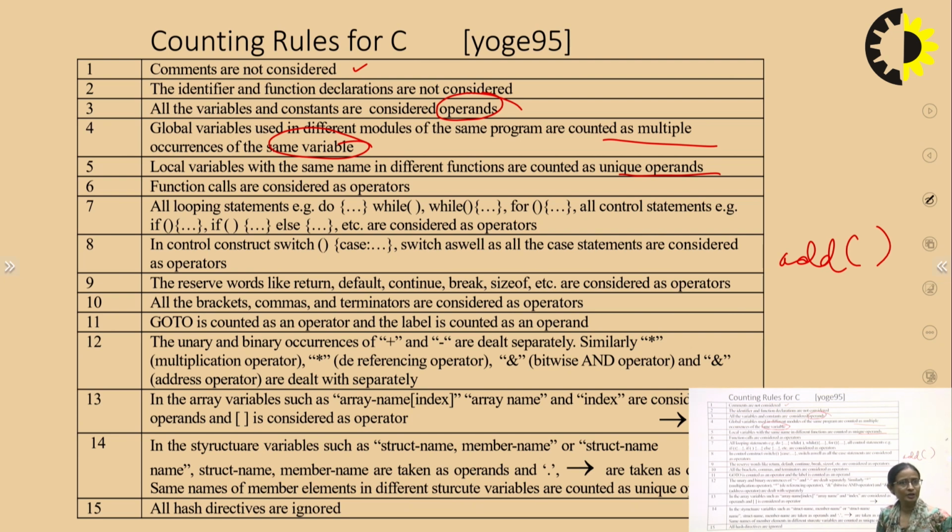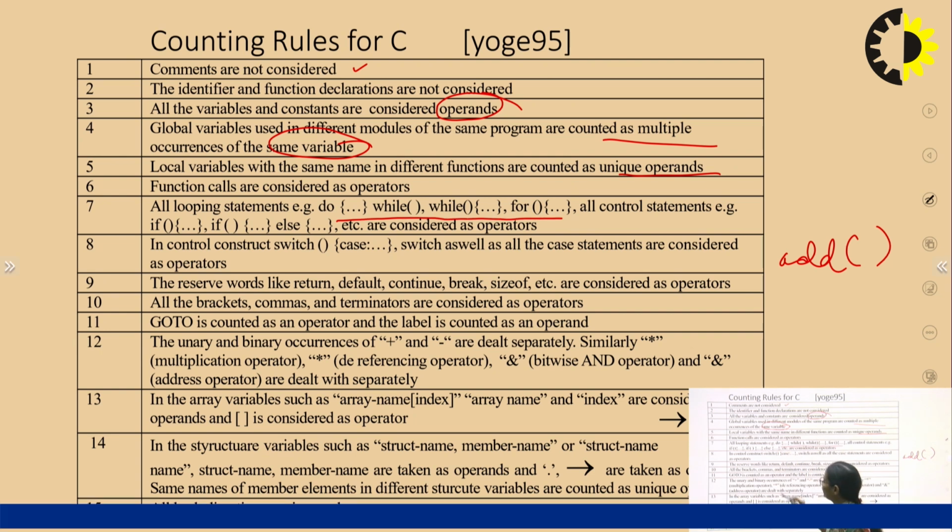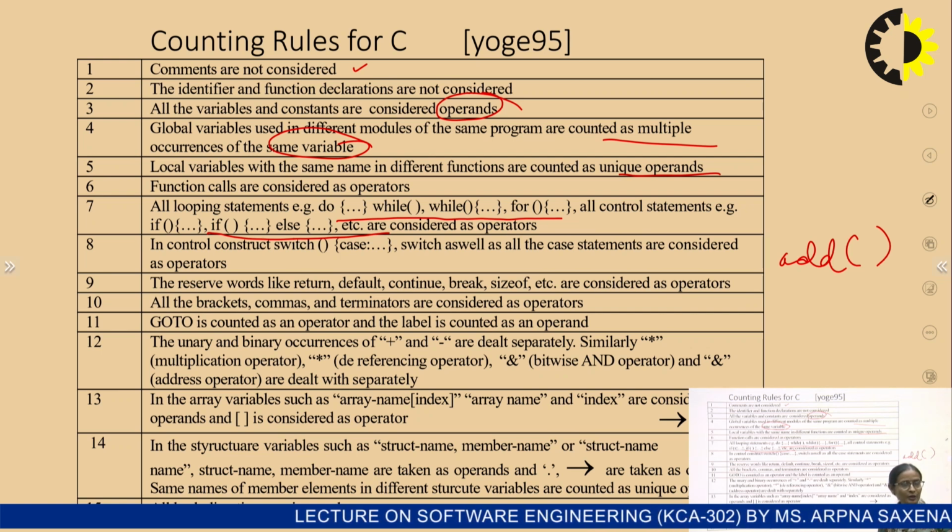All looping constructs and control constructs come under the category of operators. When I say looping, I mean do, while, for, and when I say control, I mean if else, switch, etc. In control constructs, switch as well as the case statements are considered operators, which I told you already.